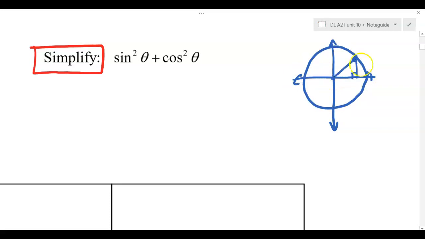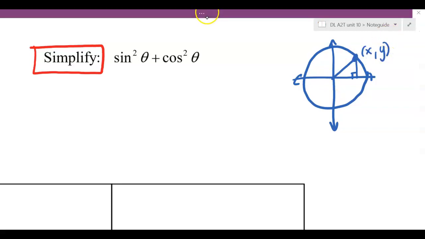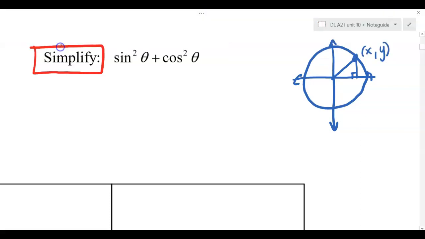And if you did have something here and this is your point x, y, then you would be able to say, using distance formula or Pythagorean theorem, that x squared plus y squared should be equal to r squared, but we know that the radius is 1. So x squared plus y squared is 1.